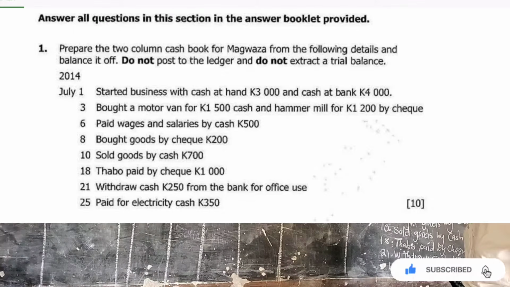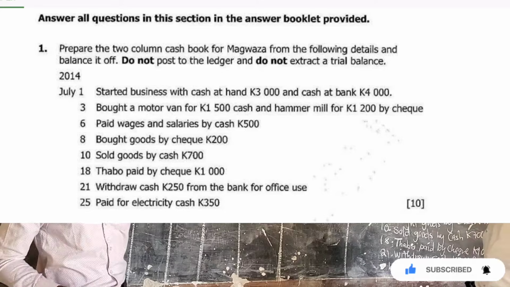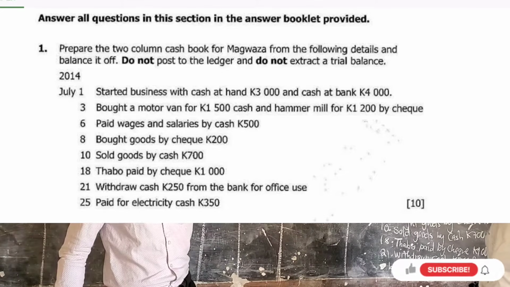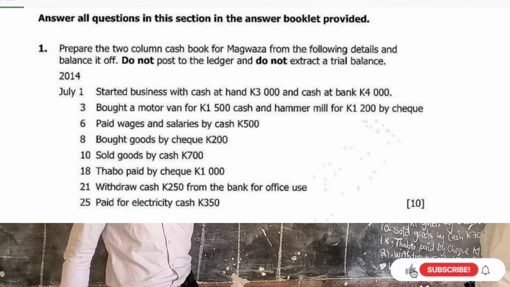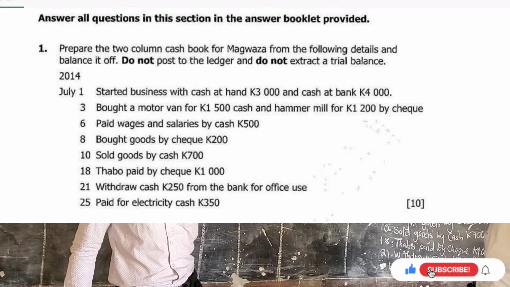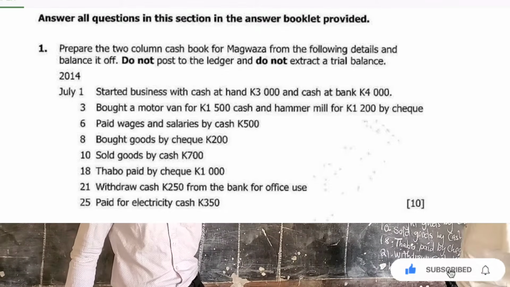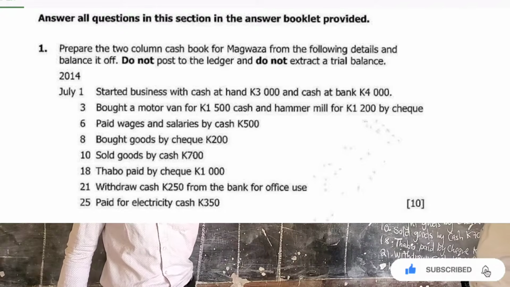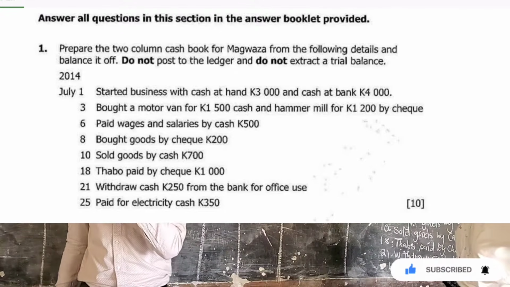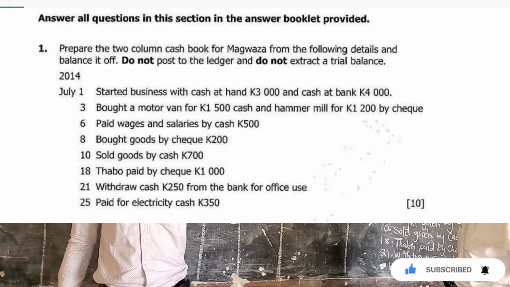The second one is on July 3rd. Now what happened? Bought a motor van for 1,500 cash and a hammer mill for 1,200. So we had two transactions on the same date.